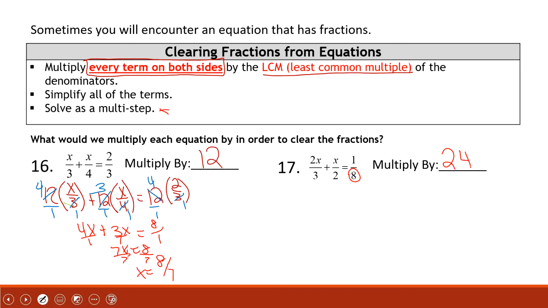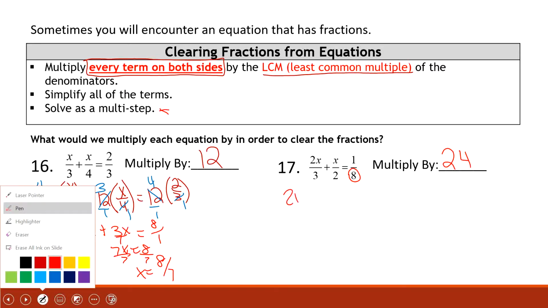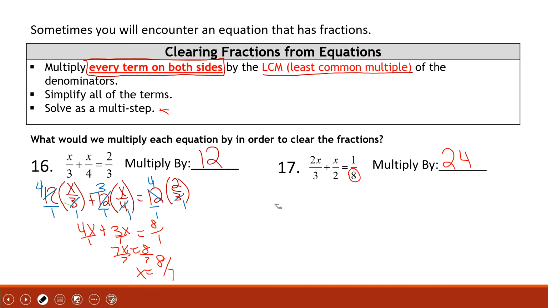So now it's just the same process as number 16. I end up with 24. Whoops. You'll see why I want to do the 2's this way, because it could get really confusing. So I have 24 over 1. I'm going to make it over 1 just to help me as well.